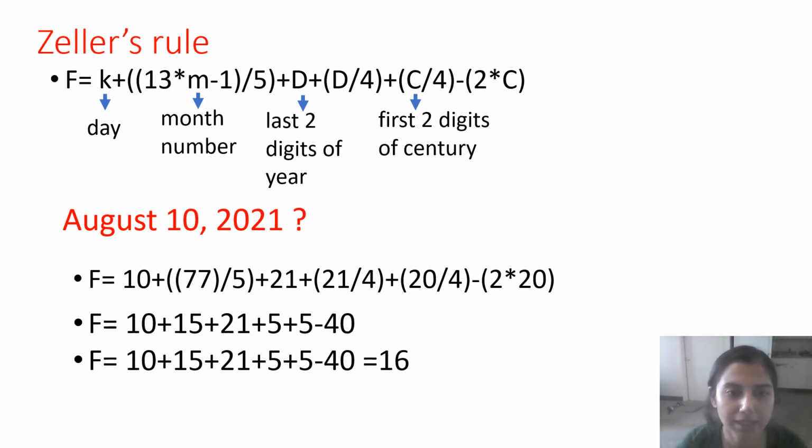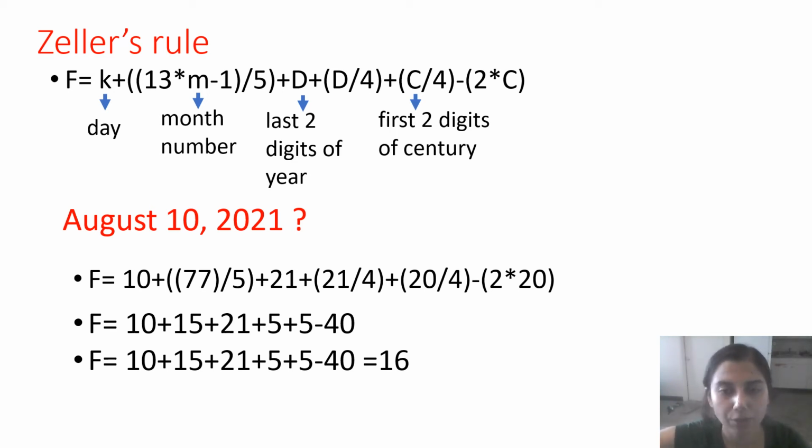In this case, I would have 77 divided by 55 for my month number calculation part to find the value of f. The quotient would be 15, but it would have some remainder along with it. The remainder would have been 2, but I would not consider that remainder for my calculation. I would just take the quotient value. So once you have done your calculation, you get a specific value of f.